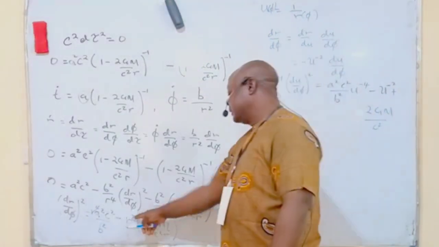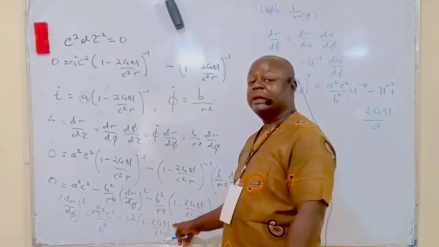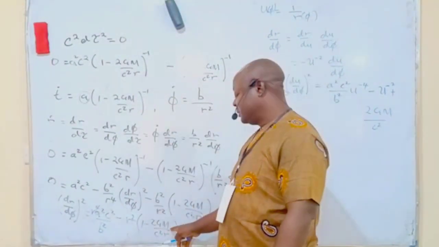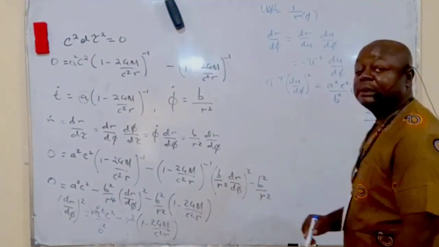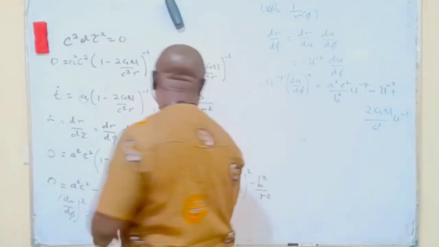So this r will cancel one of the r here, so we're left with an r here, which is u to the power minus 1. Is that not?